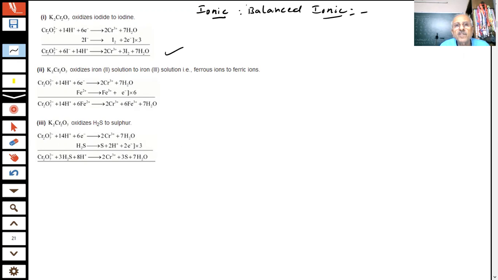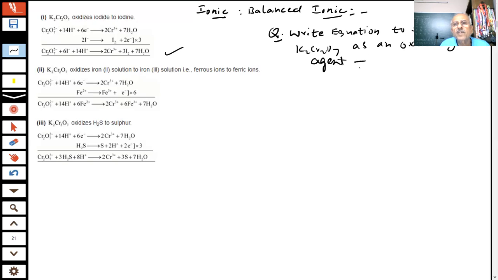The question was also this: give an equation to show K2Cr2O7 as an oxidizing agent. So we have it in acid medium, in H+. So we should be able to write the equations. At least one should be known to us, students. Then note down.